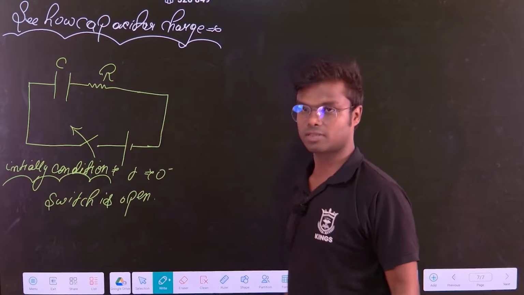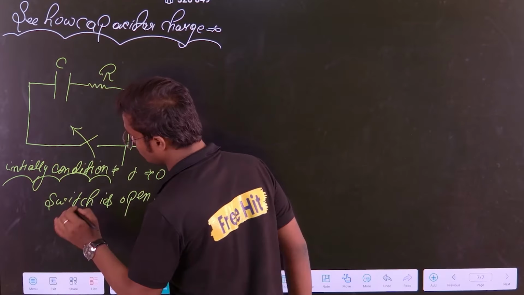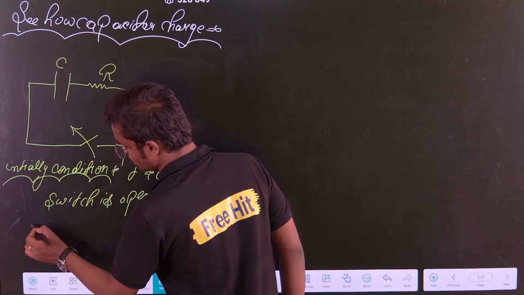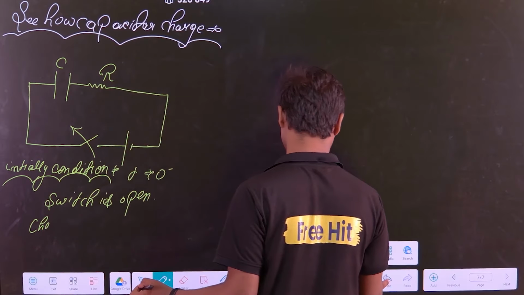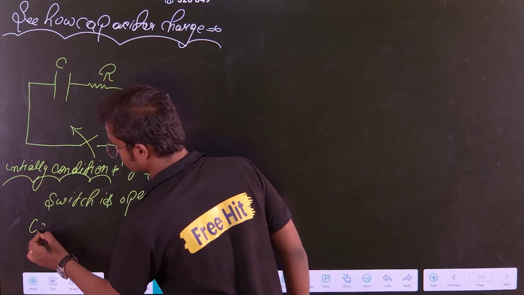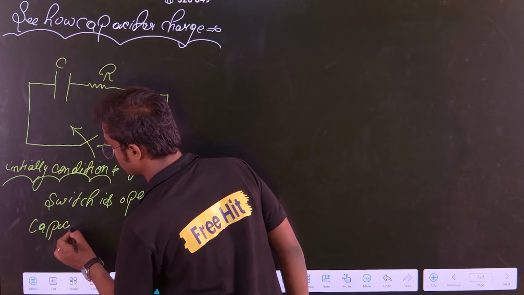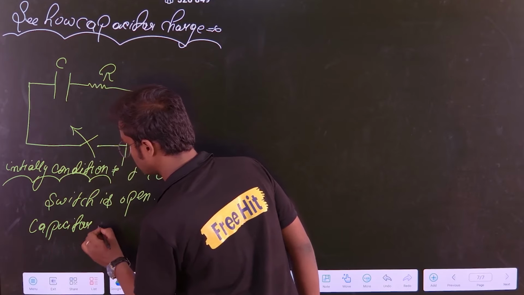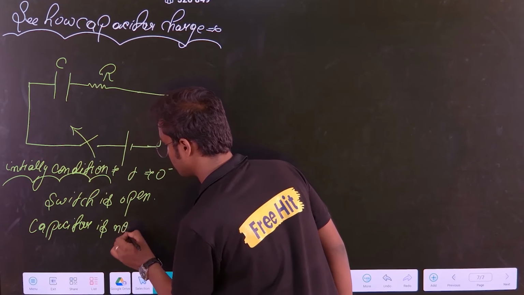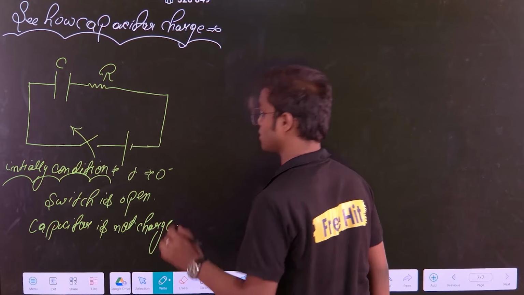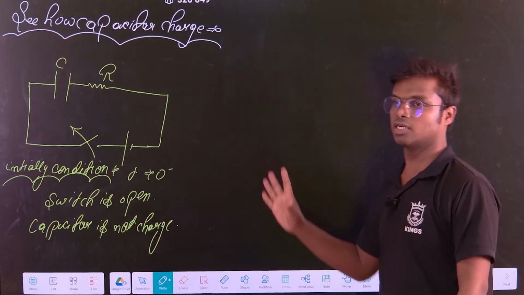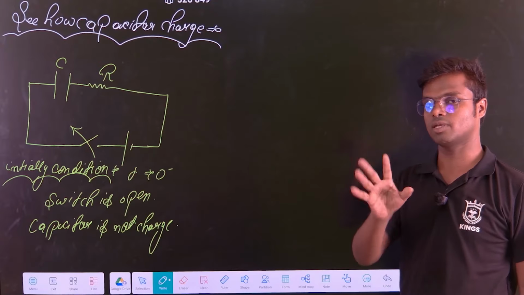If the switch is open, what is the other thing? The capacitor is not charged. If you understand this thing now, I guarantee your whole capacitor topic is finished for you.